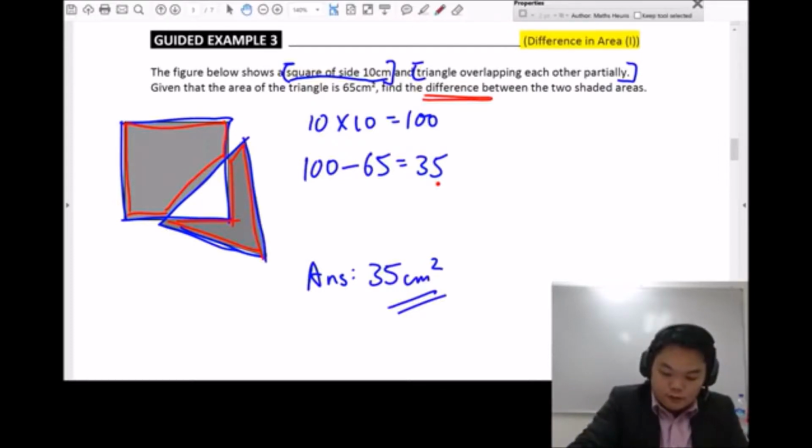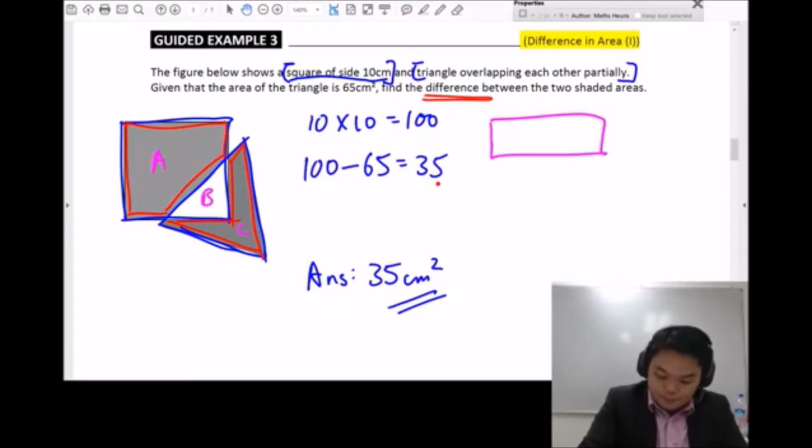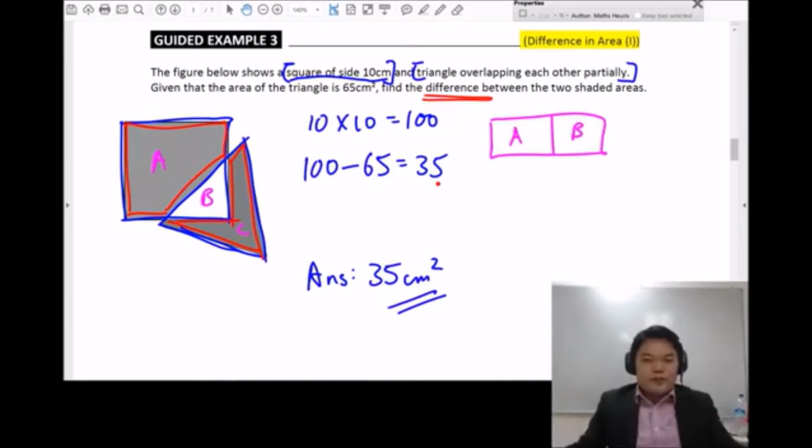Okay, let me call this part A, and let me call this part B, and let me call this part C. So if I were to draw out the model between A and B, this represents the area of the entire square.